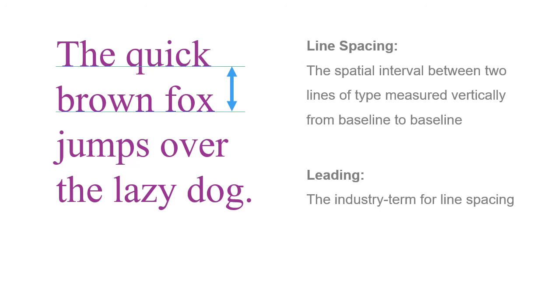Sometimes when the line spacing is too tight, it's harder to read the lines of text because your eye gets confused where you are in the paragraph. So sometimes you need to let it out, aka increase the leading, and sometimes you need to let it in, or decrease the leading, to adjust the visual line spacing. Okay, so if I ever say leading, now you know what I'm talking about.